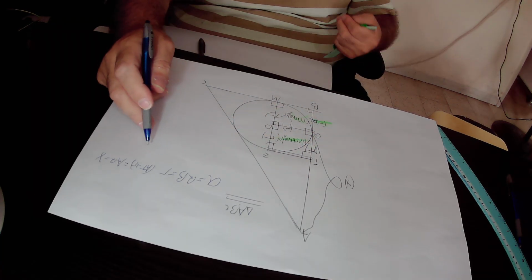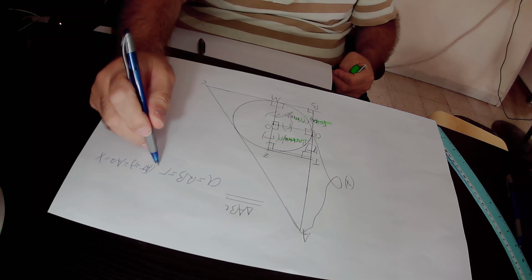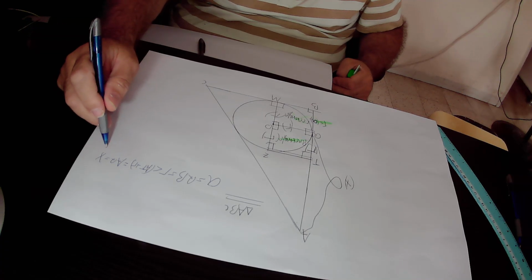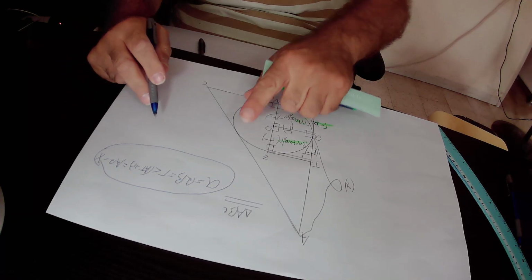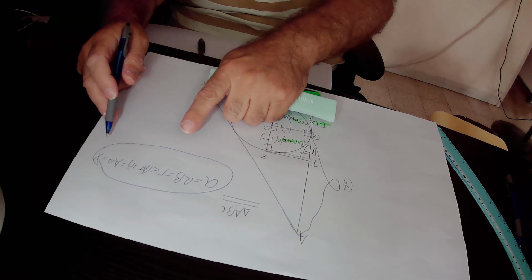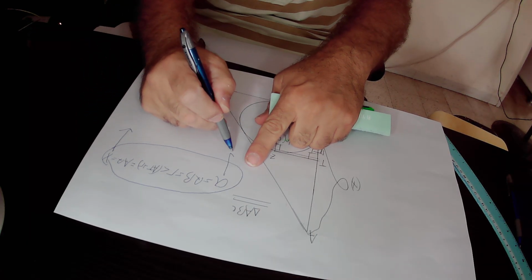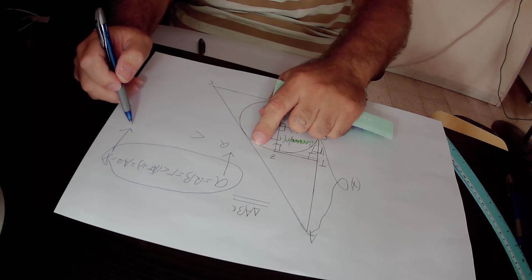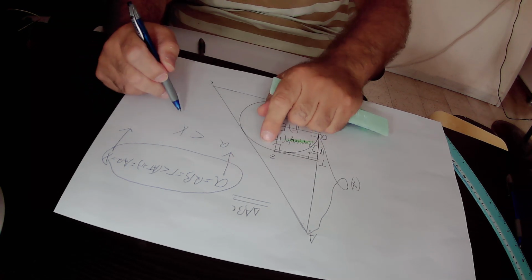Therefore, AT plus R must be greater than R. And from this long inequality, QB equals R, less than AT plus R equals AQ equals X, we get that A is smaller than X. Or X is greater than A.